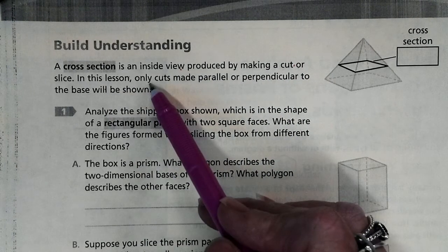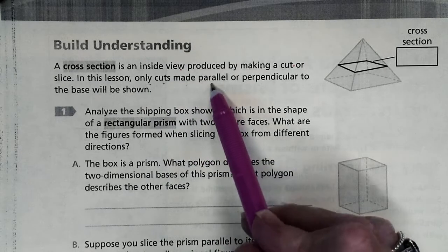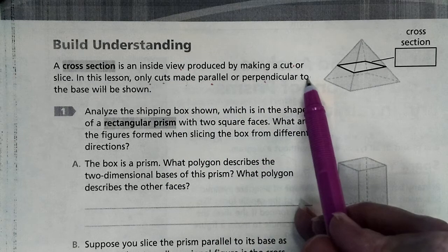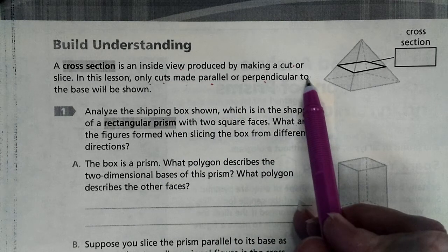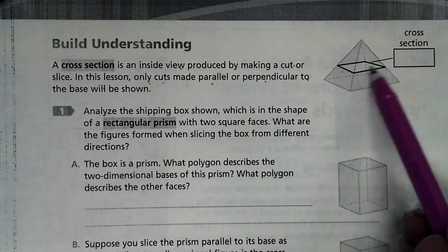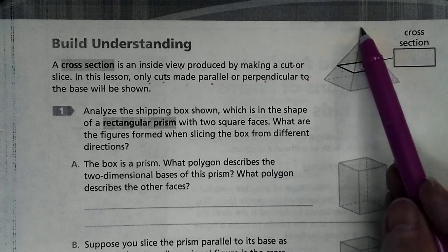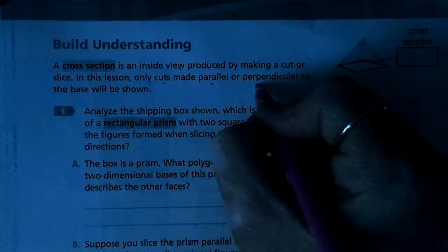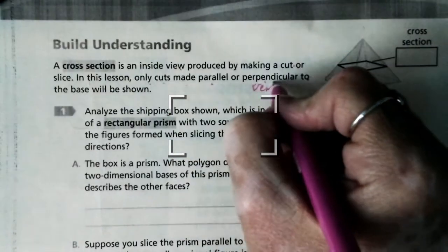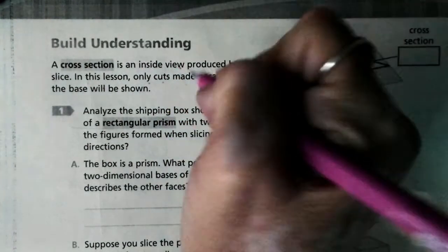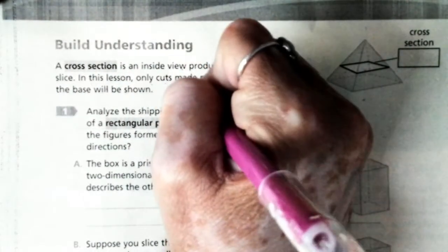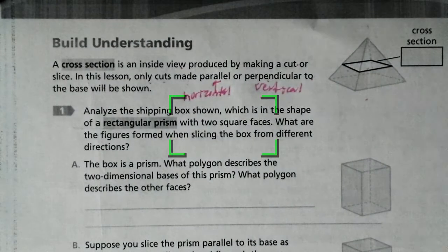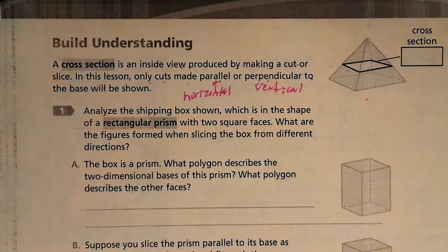In this lesson, only cuts made parallel or perpendicular to the base will be shown. So parallel means it's horizontal and perpendicular means it's vertical. I don't know why they wanted to change the verbiage, but they did.